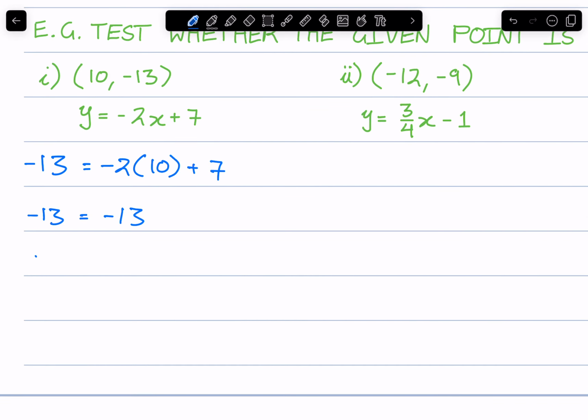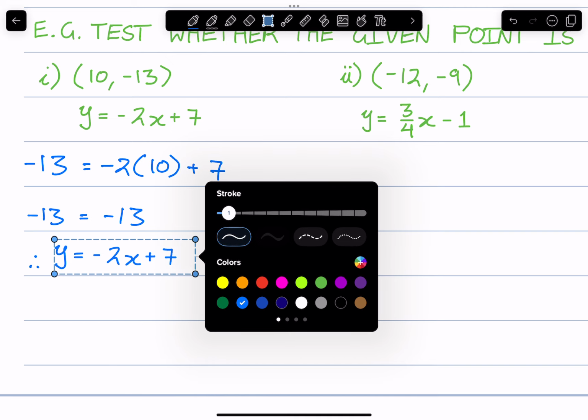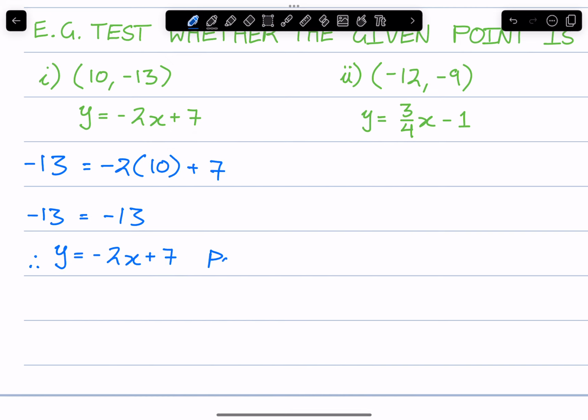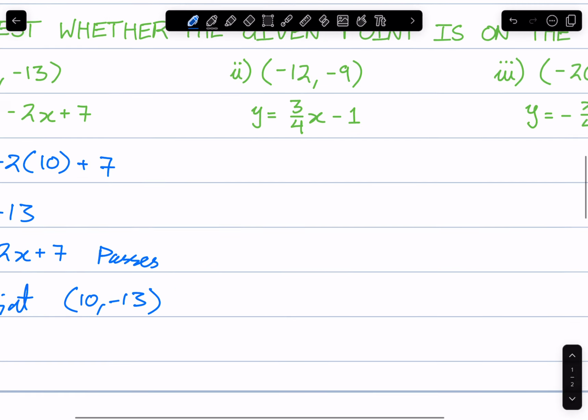This is a true statement, so you can say, therefore, this line does pass the point 10, negative 13.